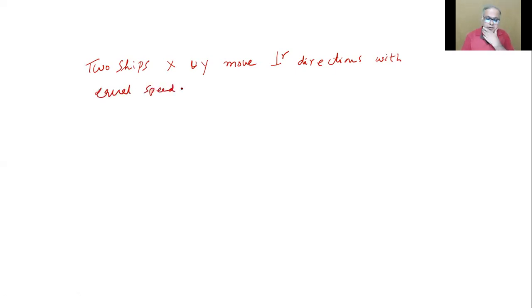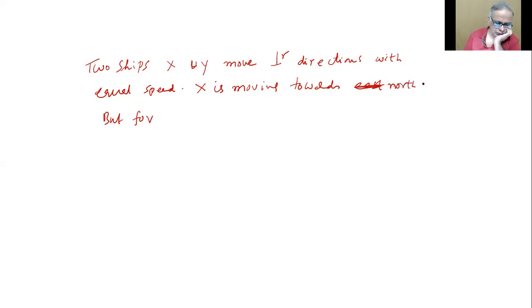Okay. X is moving towards east. Okay. But for Y, X is moving towards north.